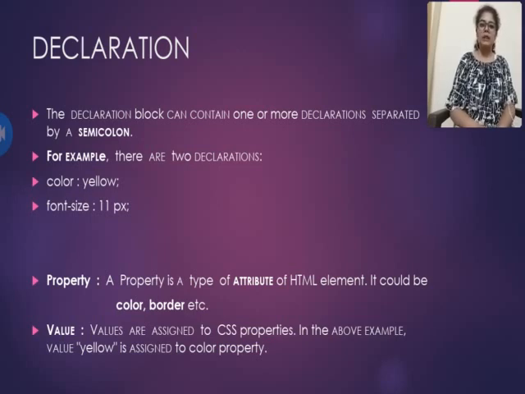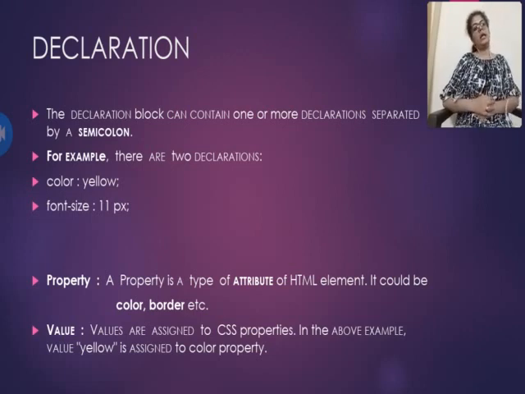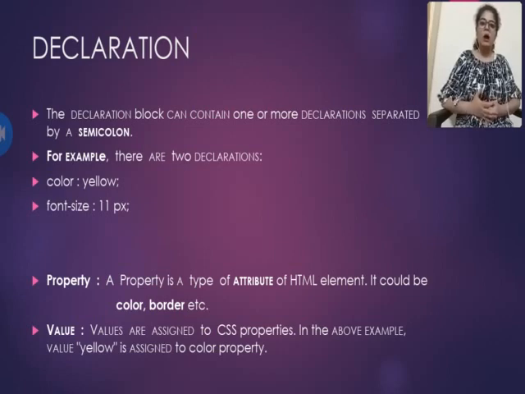We have to assign a value to the property. Now look at the second example. Font size colon 11 pixel. Font size is the property, what I want to apply. 11 pixel is the value. I want the font size to be 11 pixel, and a declaration always ends with a semicolon.